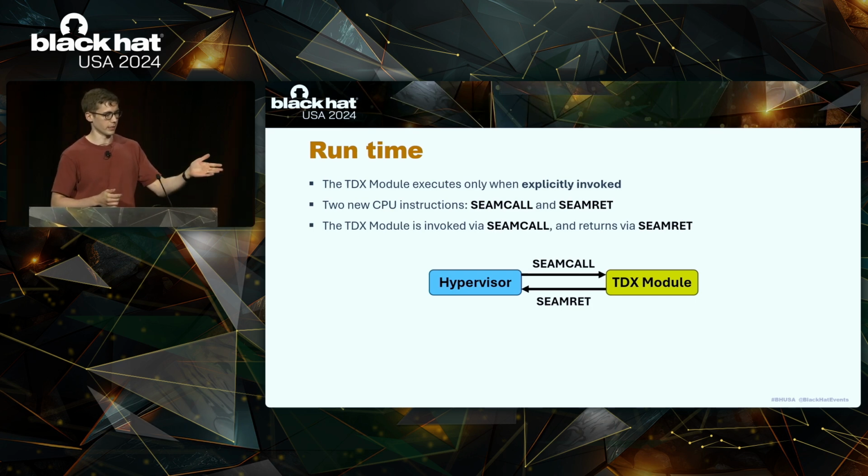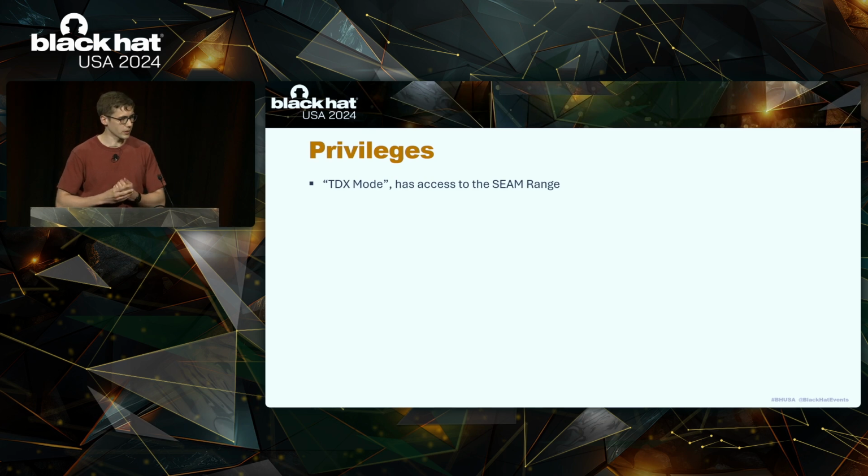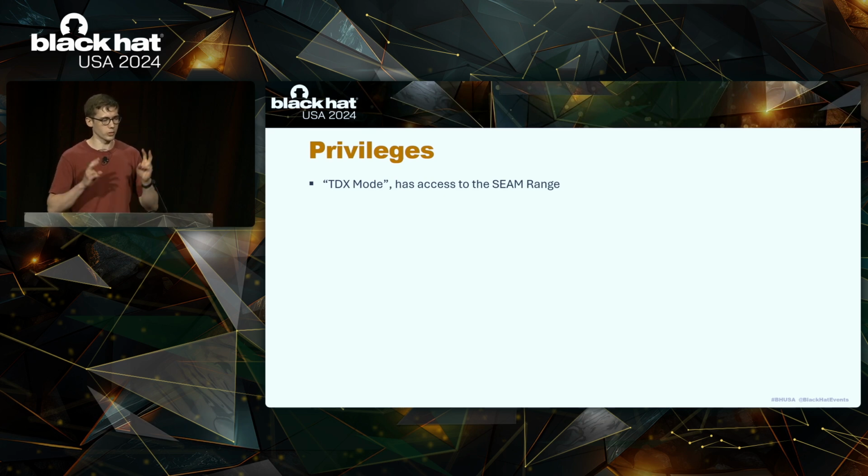The hypervisor can execute the SEAMCALL instruction. That will cause the CPU to jump into the TDX module. And then when the TDX module executes SEAMRET, the CPU jumps back to the hypervisor. In terms of privileges, the TDX module runs in a privilege mode that is similar to the normal mode. It just has access to the SEAM range in addition.